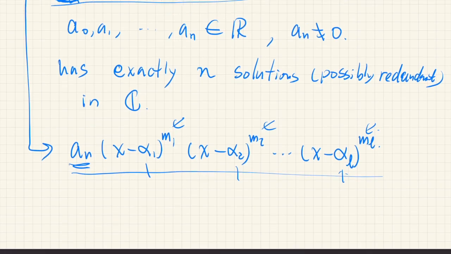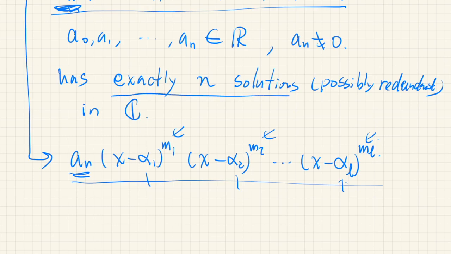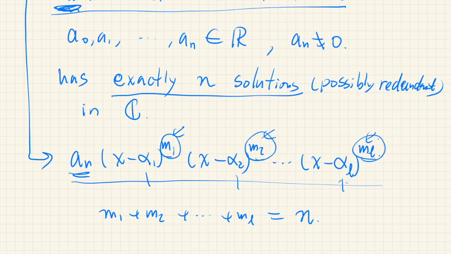And exactly n solutions means that this m_1 plus m_2 plus and so on plus m_l is equal to n. So this m_1, m_2 and so on are the redundancy of each solution.